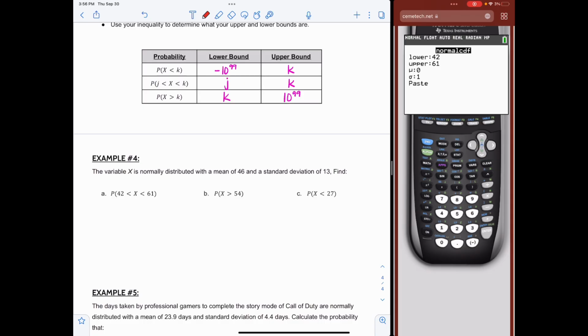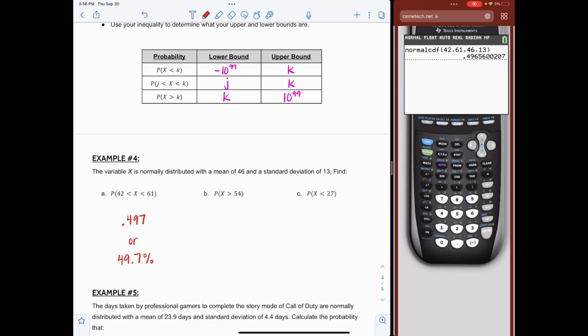If we put our mean in, that'll be 46, and our standard deviation is 13. When I paste it in there, I end up getting that my probability is 0.497 in 3 significant figures, or we can call it 49.7%.